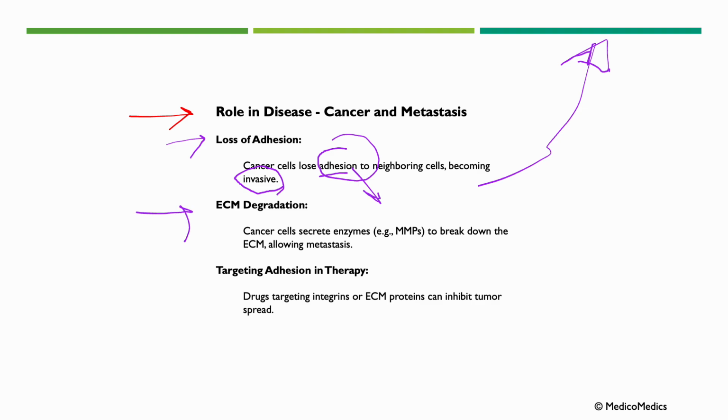Another one is extracellular matrix degradation. Cancer cells, for example, secrete enzymes like MMPs. These break down the extracellular matrix, allowing metastasis. And then targeting adhesion in therapy. We have drugs targeting integrins or the extracellular matrix proteins.